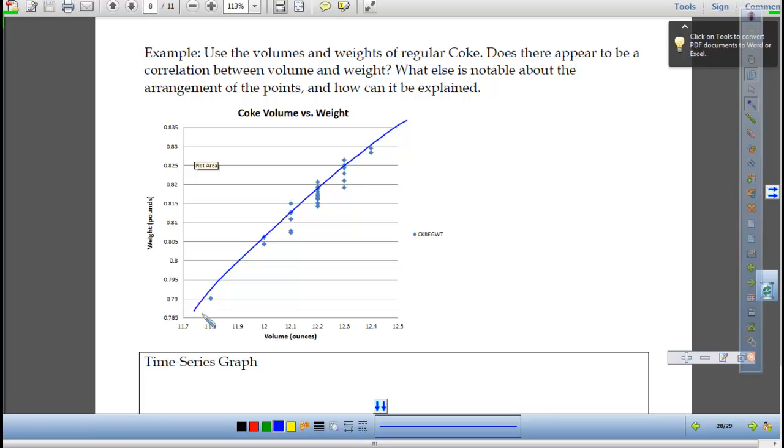But yes, there's something kind of weird going on here where these dots are grouped this way. Why do you think that is? Not why is it weird, but why is it like that?